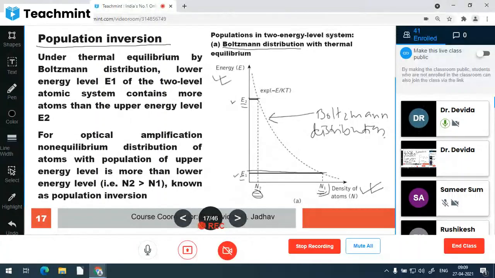So this is the meaning of the graph. N2 number of charge particles are in the conduction state, higher energy level, and N1 number of charge particles or atoms are in the valence state, that is lower energy state.